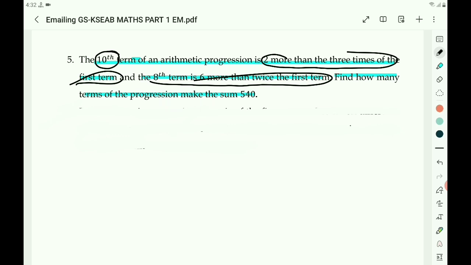Use this relation. a10 equals 2 more than the 3 times the first term, means 3a plus 2. And one more relation, 8th term a8 is equal to 6 more than twice the first term, 2a plus 6.